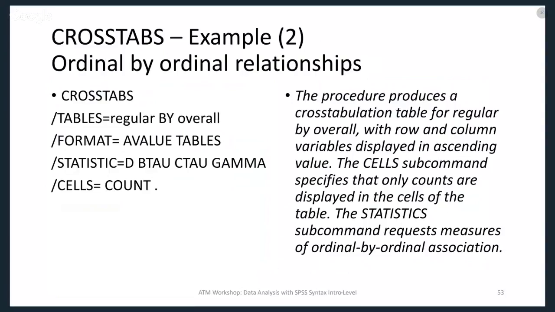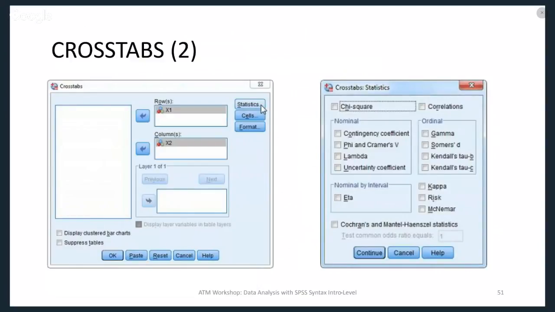I'm pretty familiar with all those measures of association at a more conceptual level, but I'm not memorizing the entire set of SPSS abbreviations. If you're interested in what this CTAU is, go to Help, Syntax Reference, Crosstabs, and they have very detailed information. Or click the Help button here, and they also tell you what that particular value means.